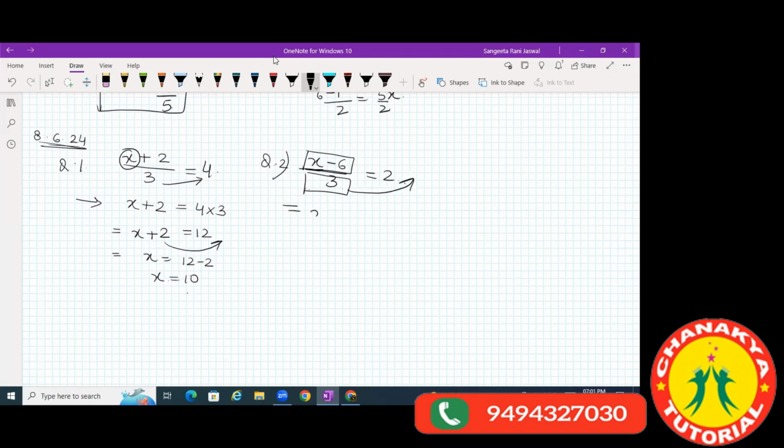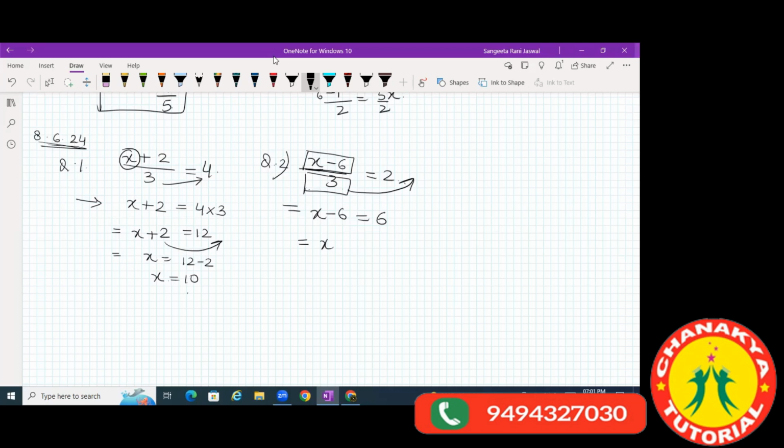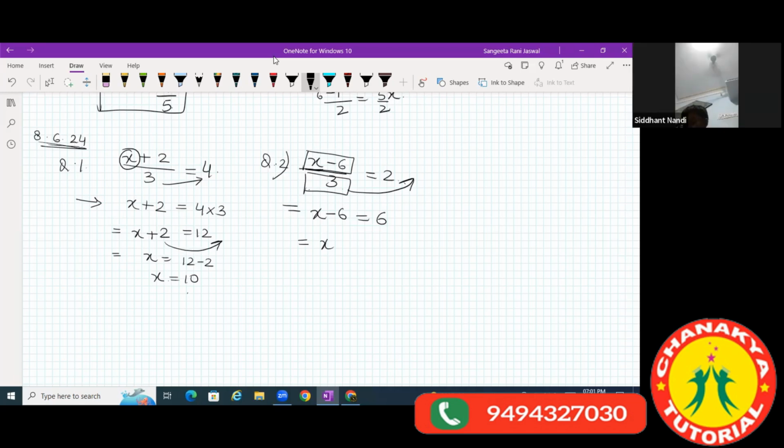So the numerator will remain here. 3 when it goes to the other side becomes 2 into 3, 6. And this numerator is now not a numerator; now this is a general term, x minus 6. Are you understanding? Yes. Now it is not in fraction form, it's just x minus 6.